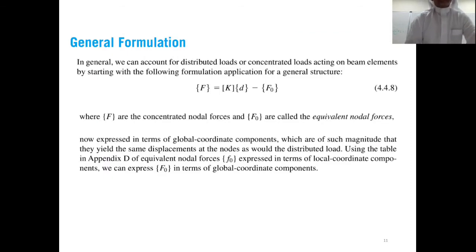Okay. Did you see this equation before? Wow, yeah. See, it's nice to see it again, right? Very nice. So F here is the reaction, K, D, and F naught is what? Equivalent nodal forces. Okay, let's see.